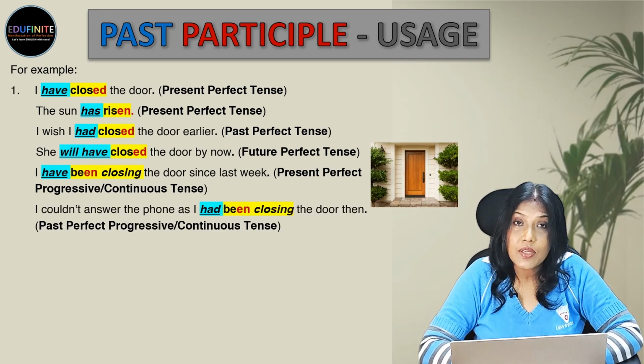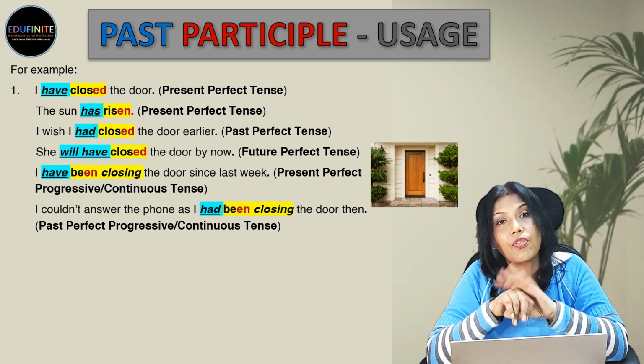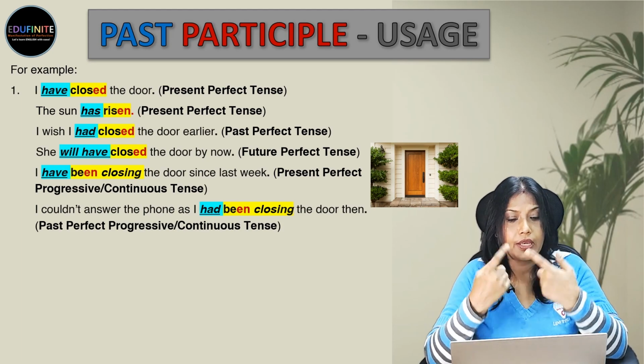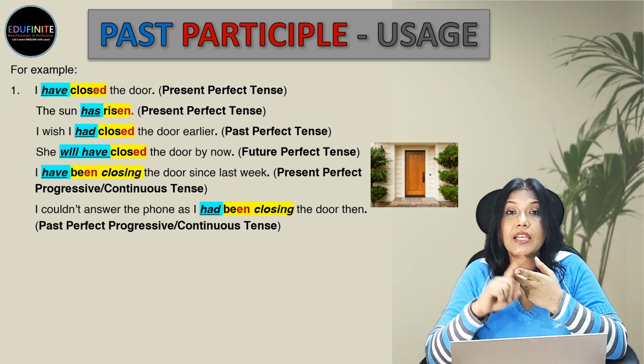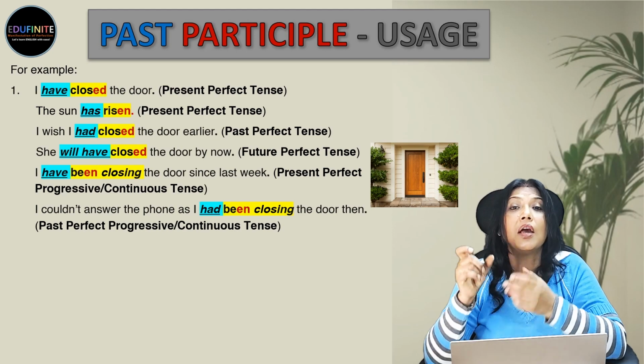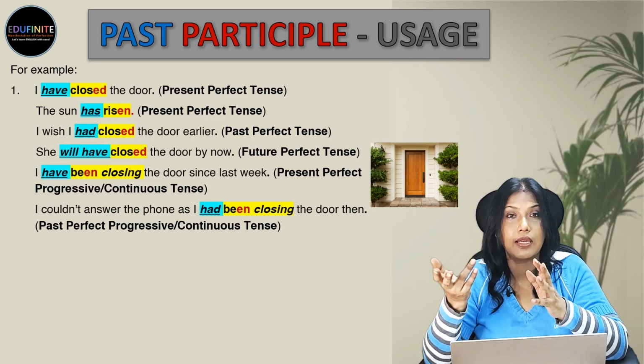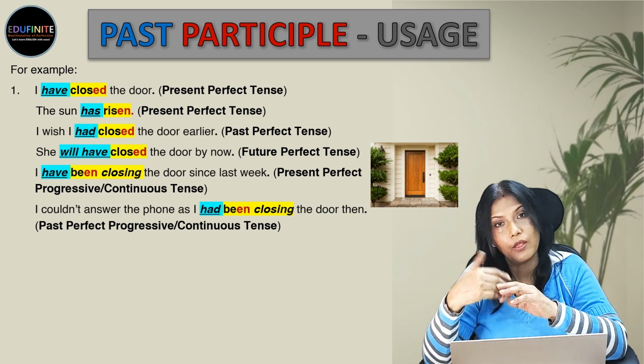Okay. I couldn't answer the phone as I had been closing the door then. So here see, had been closing. So had is the auxiliary, been is the past participle of the verb be, and of course closing is the present participle of the verb close.